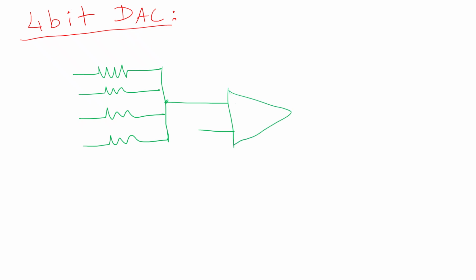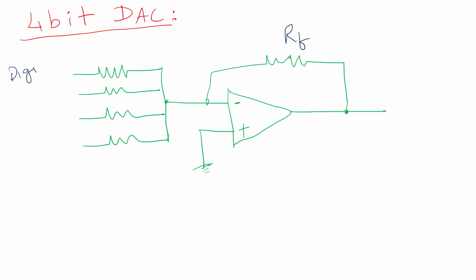Let these inputs be fed to the inverting terminal of the op-amp and the non-inverting terminal be grounded, with a resistor in the feedback called RF resistor. These are the digital inputs in the form of zeros and ones.